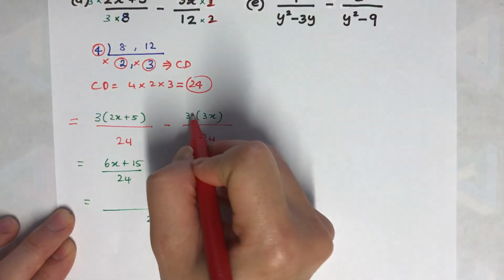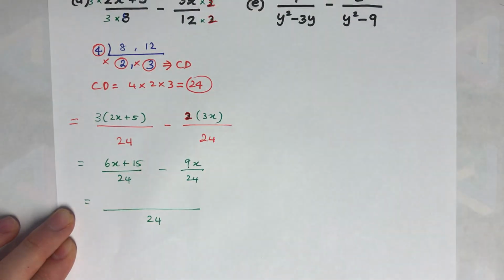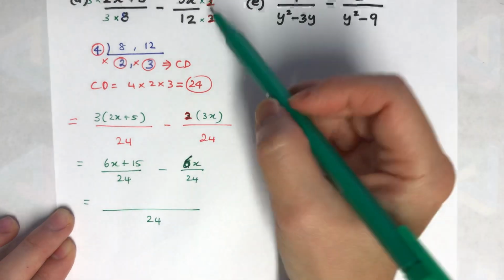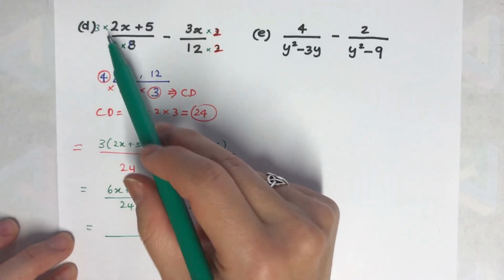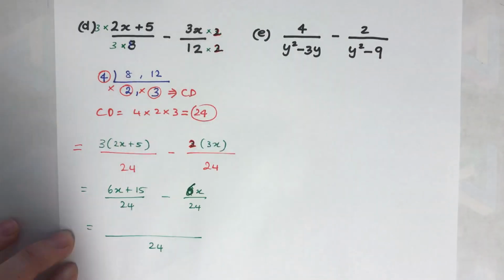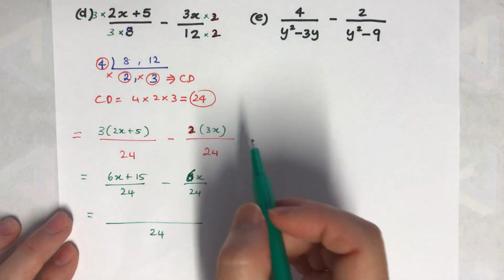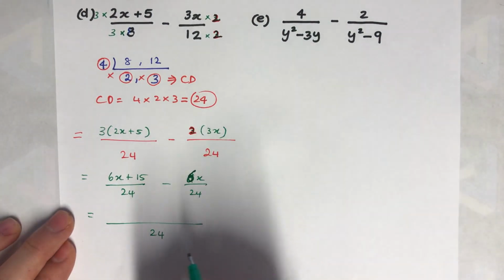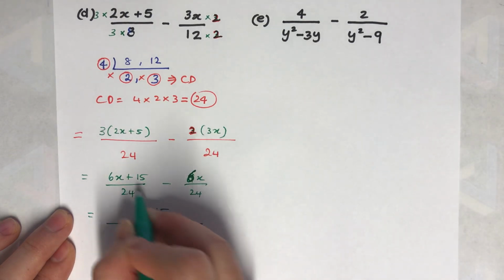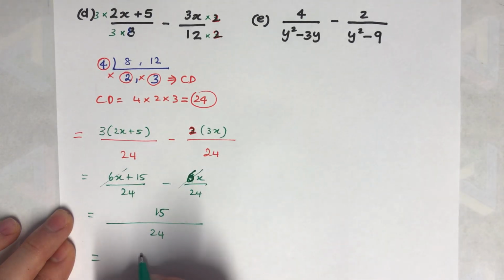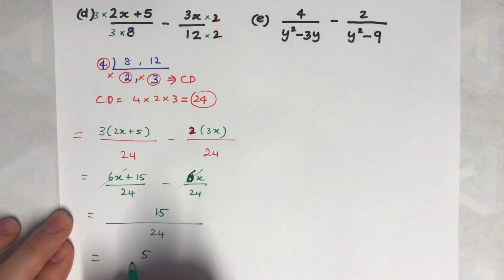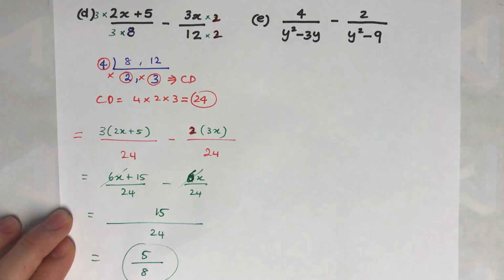I got carried away because I times by 3 here. It's times by 2 really, because 12 times 2 is 24. Yep, mistakes, but it's a good mistake. So we got 6. Oh, 15 over 24. You can cancel that out by dividing by 3. 5 over 8. So the answer is 5 over 8.